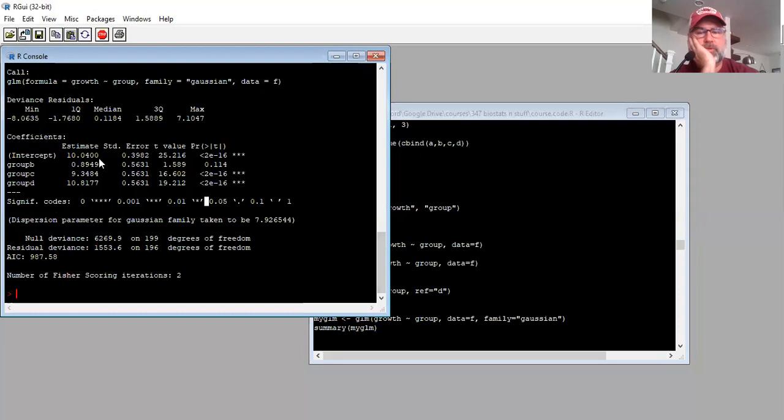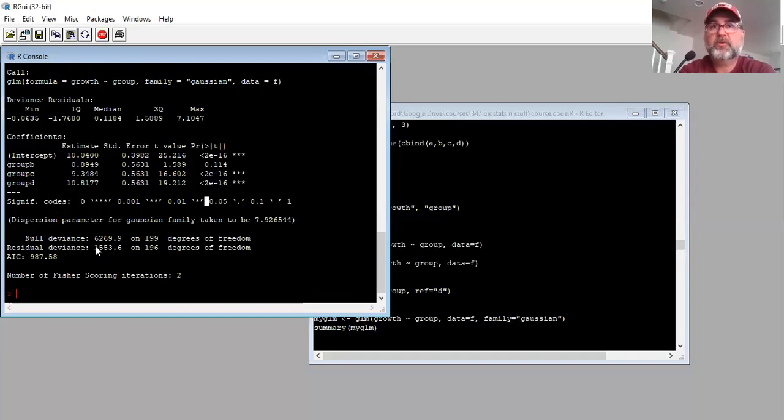So you get the intercept being your baseline group A, and then all those differences between your groups, and then the statistical significance. What it gives you is the deviance and the residual deviance. And what you want to know is how much reduction in deviance there is. And the smaller, the better.